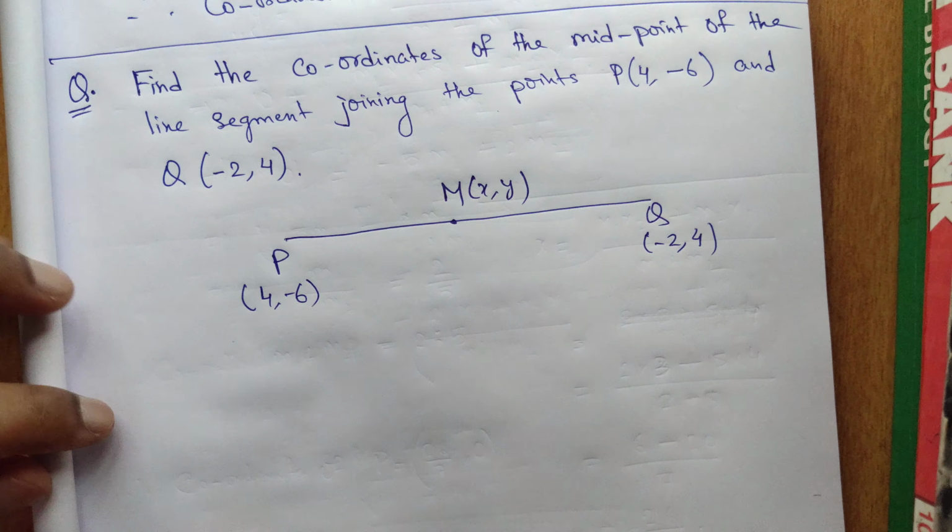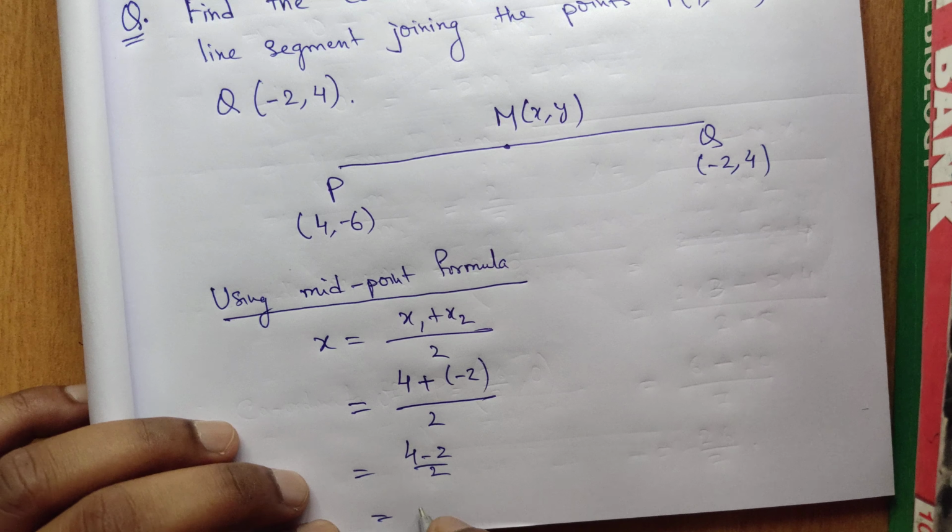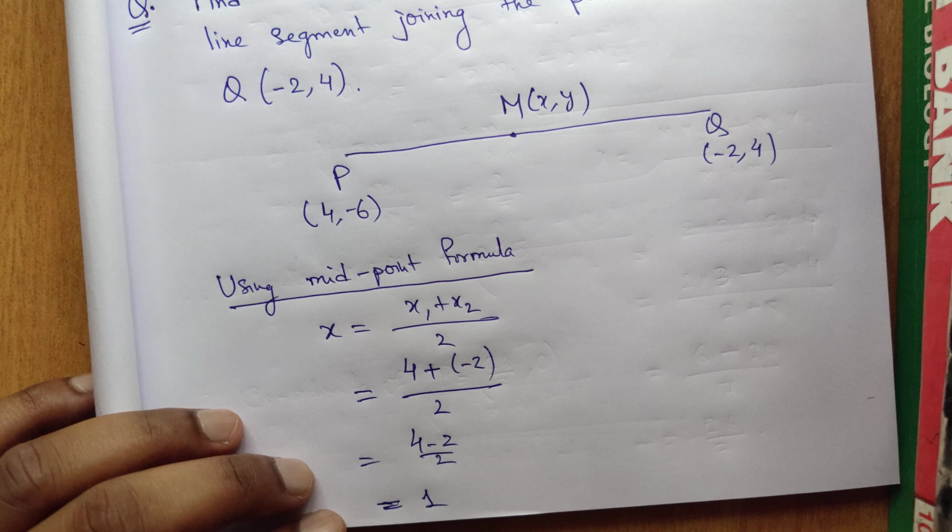So using midpoint formula, what do you write? x will be x1 plus x2 by 2. So what's x1? 4. What's x2? Minus 2 by 2, that is 4 minus 2 by 2, that is 2 by 2, and it's 1.